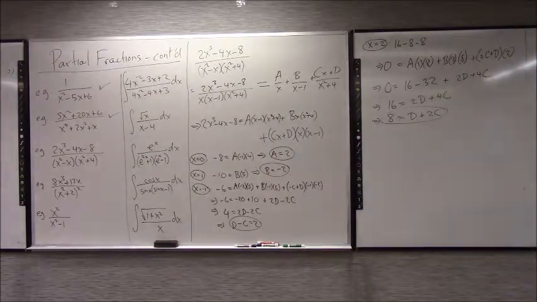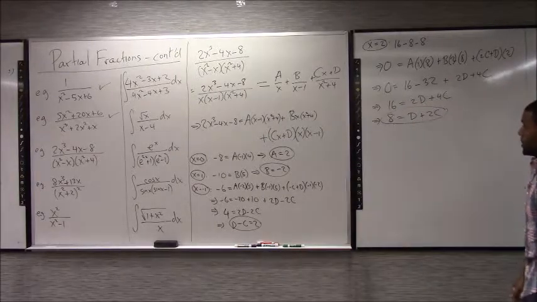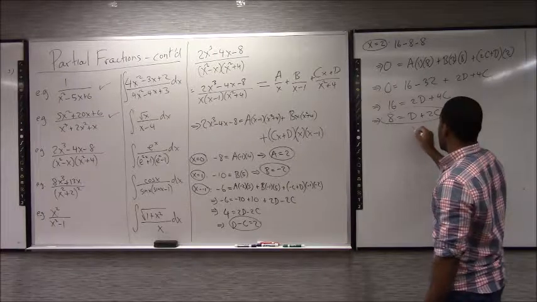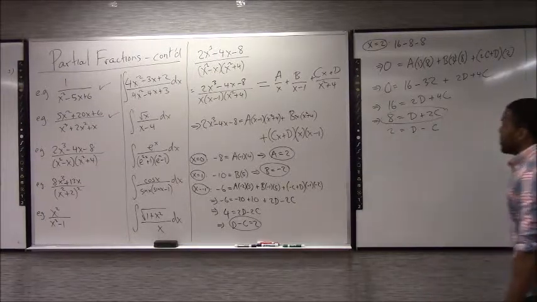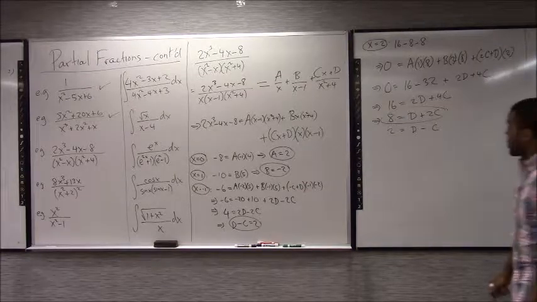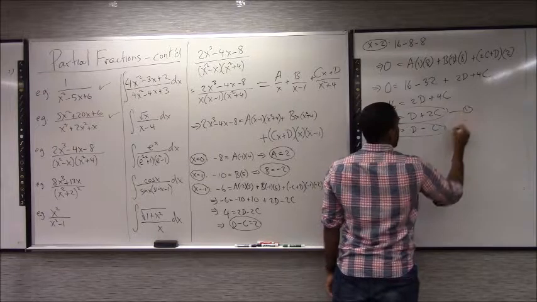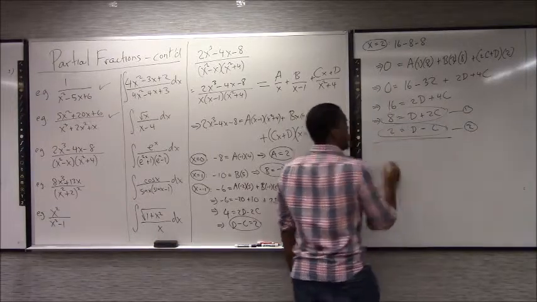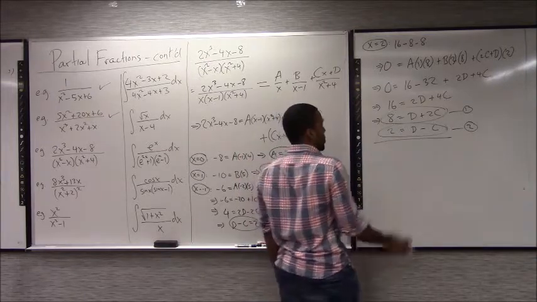How can I solve for, well, I have this equation here. I also know that d minus c is equal to 2. So if I call this equation 1, call that equation 2, I can say take the top equation minus the bottom equation.